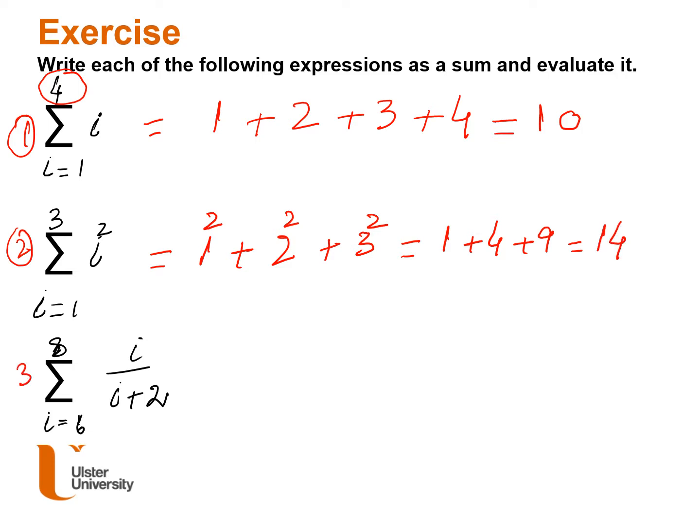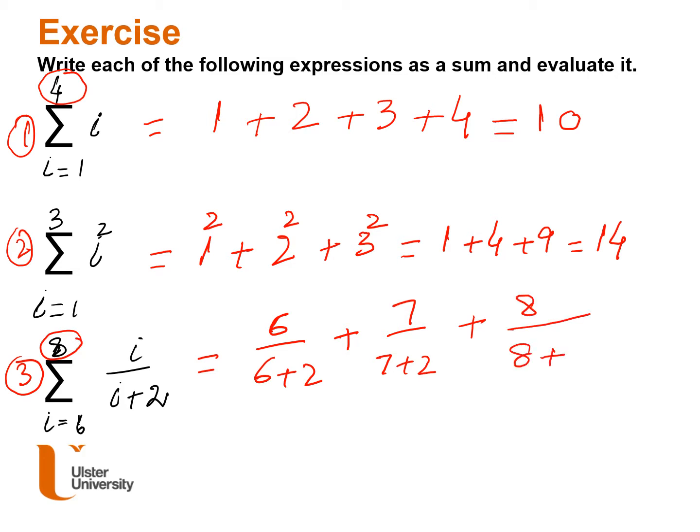In question number 3, sigma, i is starting with 6 and the last term is 8, of i over i plus 2. To start with, we know that the value of i is 6, so 6 over 6 plus 2. With the increment of 1, the next term would be 7 over 7 plus 2. And the last term, we know that it's 8, so we'll write 8 over 8 plus 2.